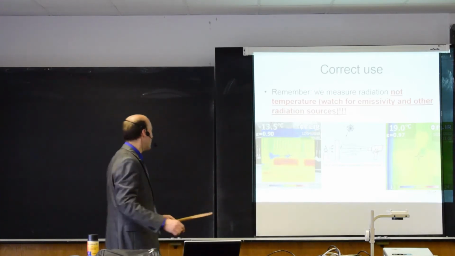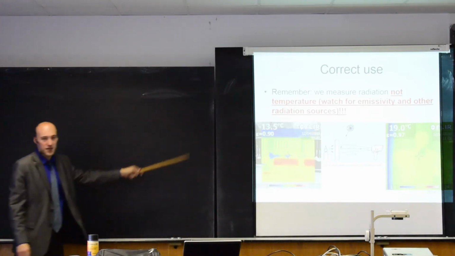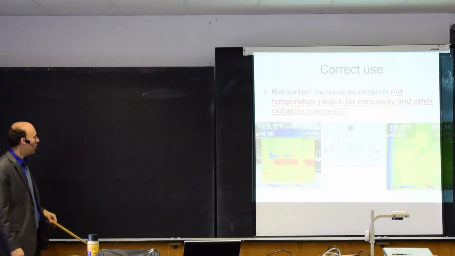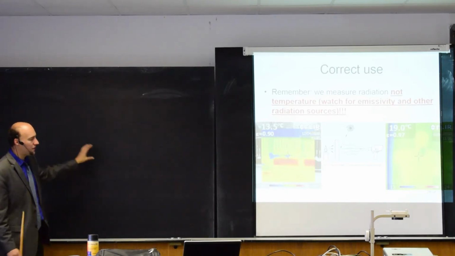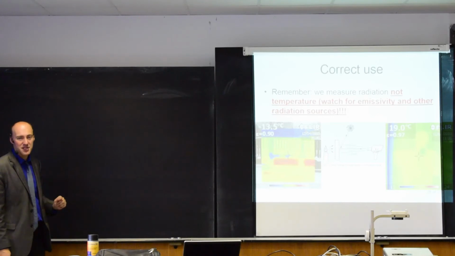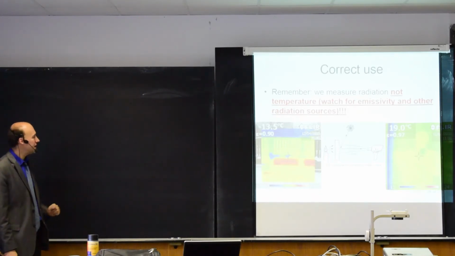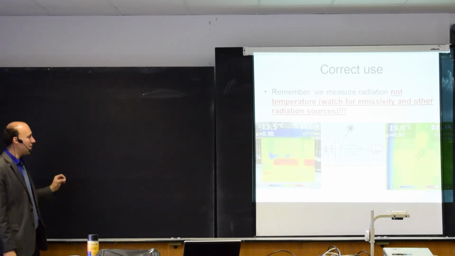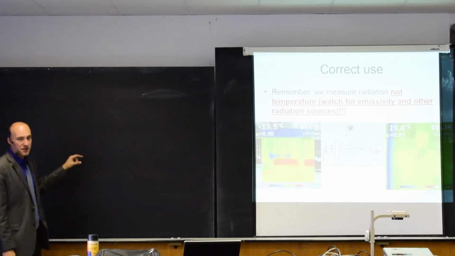If, for example, I would like to measure the temperature of this black board, I can safely assume that it has the same emissivity on the whole surface. Then a thermal camera can give me the relative temperature.